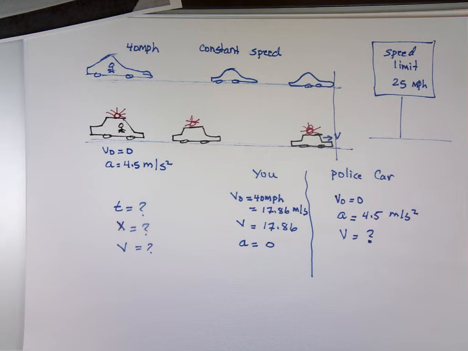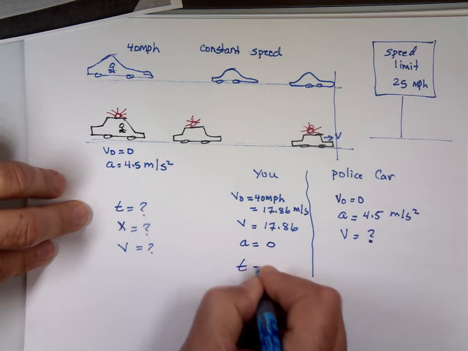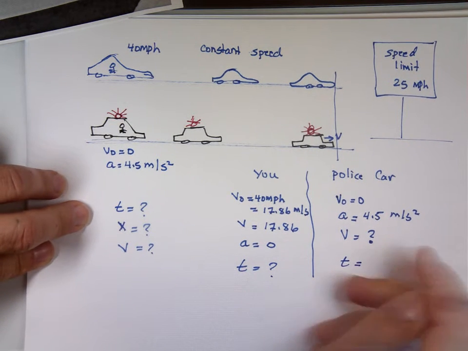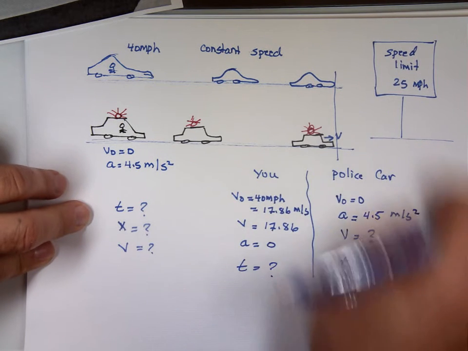Okay. Which question do you want to answer first? You want to answer the time? You want to answer the x? Let's look at the time. Let's answer that one first. And the time here is going to be the same. So if I know the time for your car, I know the time for the police car.